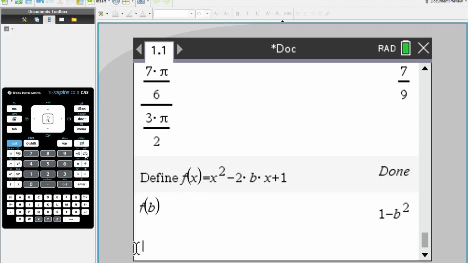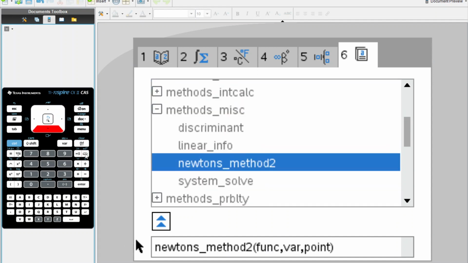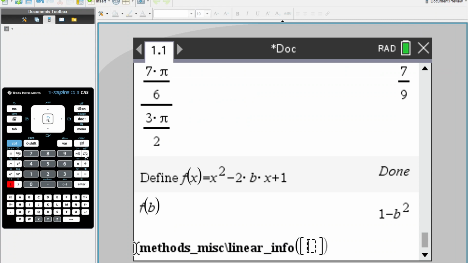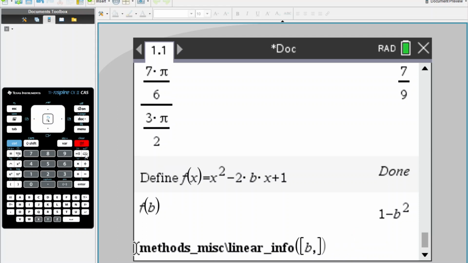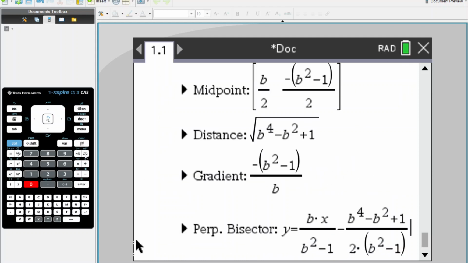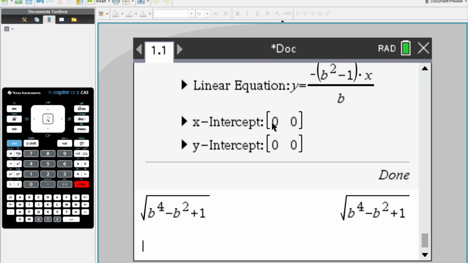There's a couple of ways. If you want to be extra fancy, you just use linear info. Then you type in b comma 1 minus b squared, or actually, instead of typing 1 minus b squared, just type in f of b, and then comma 0, 0. And it gives you the distance over here that you can work with. Or you can just calculate it manually using the distance formula.